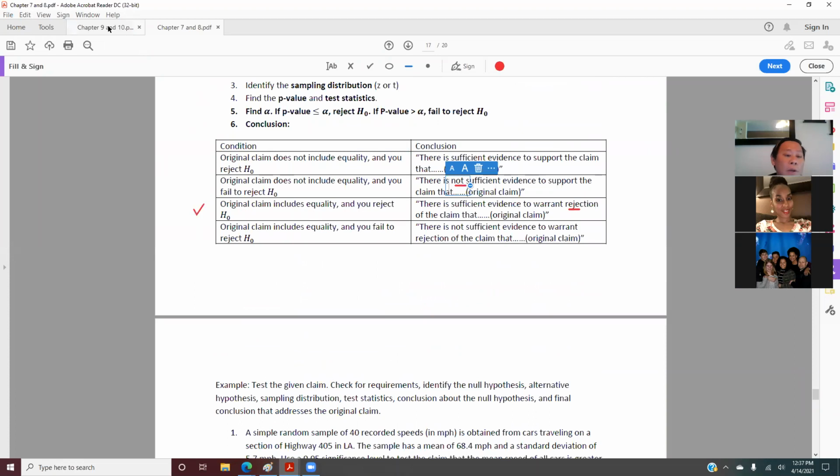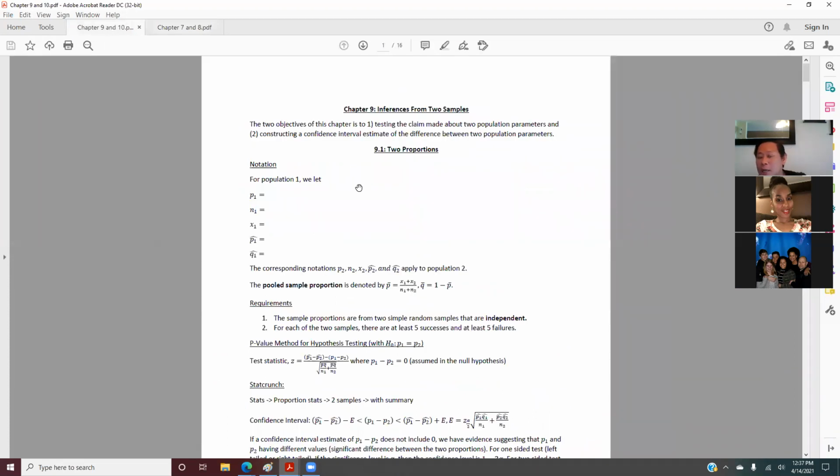Okay, so we're going to start chapter 9 today. What is the difference between chapters 7, 8, and 9? In chapter 7, we are doing confidence intervals for one population. In chapter 8, we are doing hypothesis testing for one population.